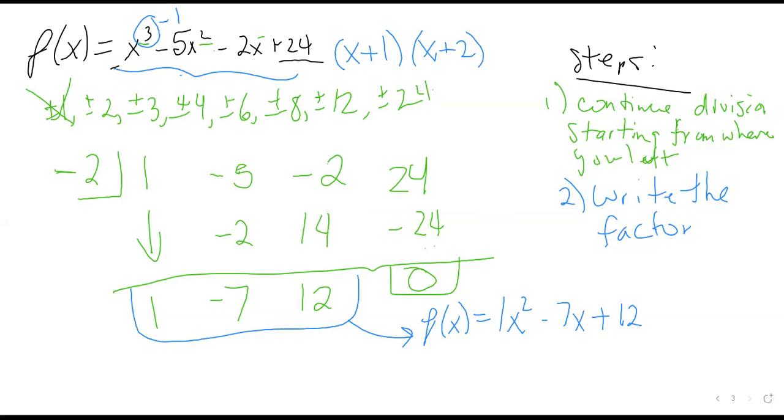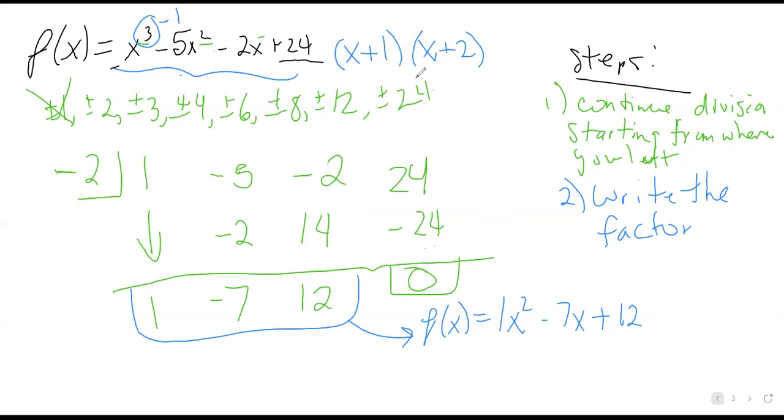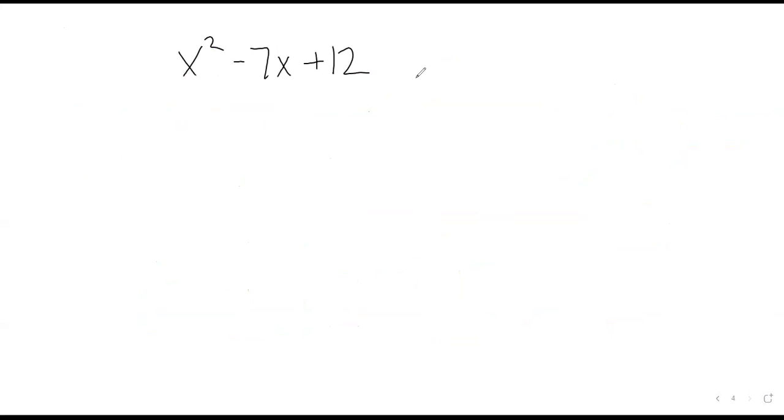So now I want to try option 1 because this is something I'm more familiar with. Okay, so I'm going to go ahead and write it over here. X squared minus 7x plus 12. That's what it was, right? So now we're going to do our regular factoring. So our steps.